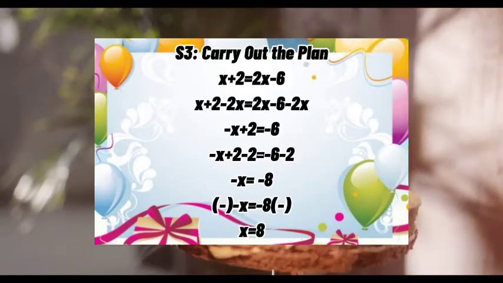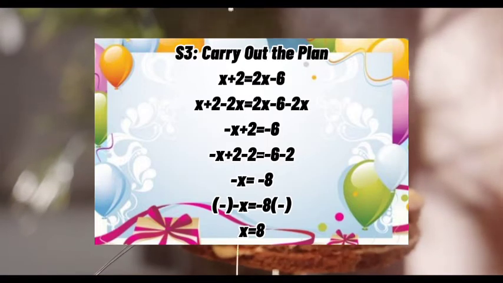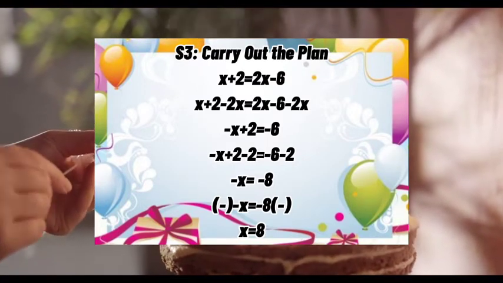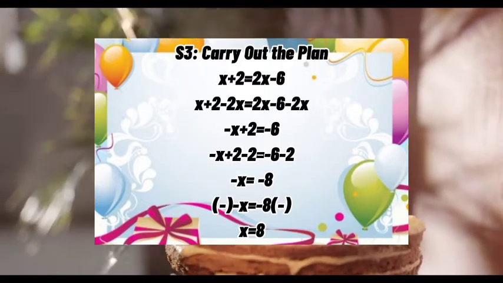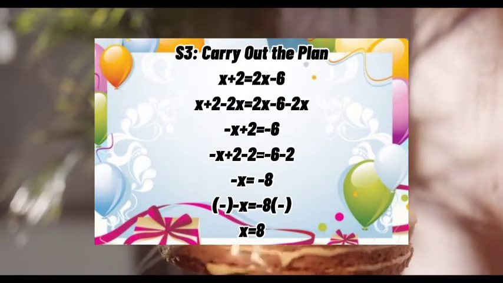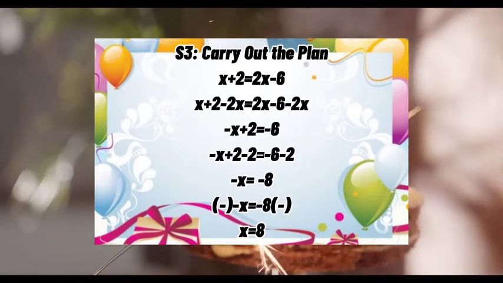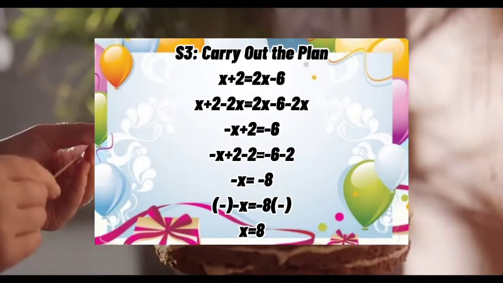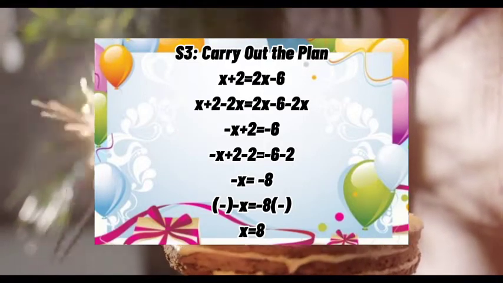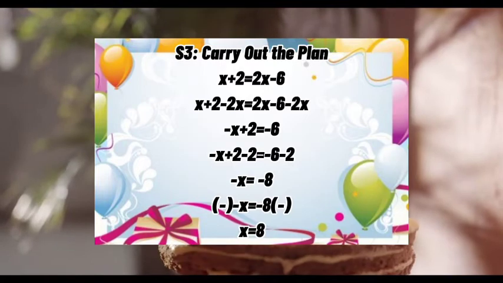Next, we have to carry out the plan, or solve. We have x plus 2 equals 2x minus 6. We get all the x terms on one side: x plus 2 minus 2x is equal to 2x minus 6 minus 2x. Now we need to combine like terms. x plus negative 2x is negative x, plus 2.